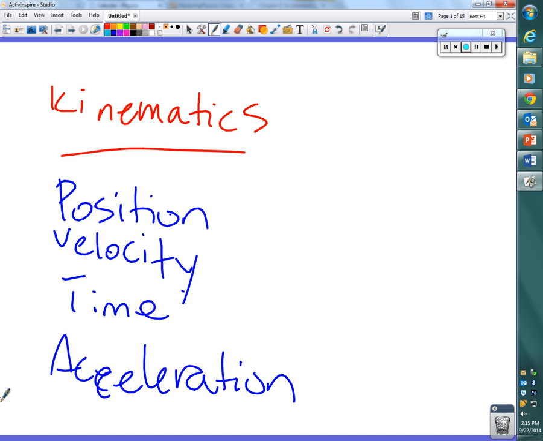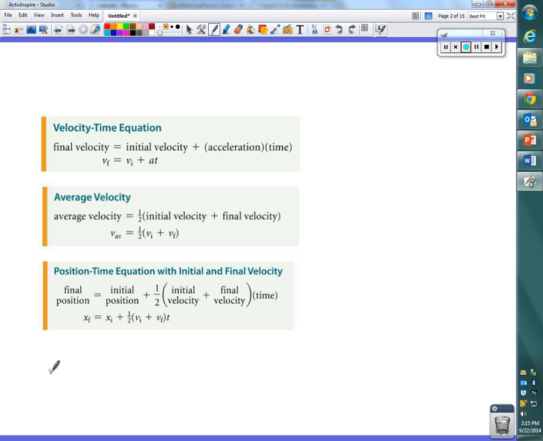to the other. And on Friday, we introduced these three equations that show the relationship between, first, velocity, time, and acceleration, where we can figure out how fast something will eventually be going if we know how fast it started going, and the acceleration and how long it goes.